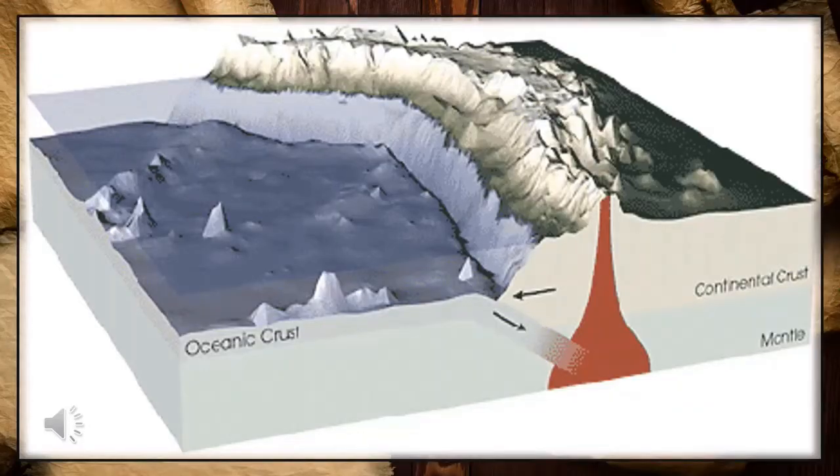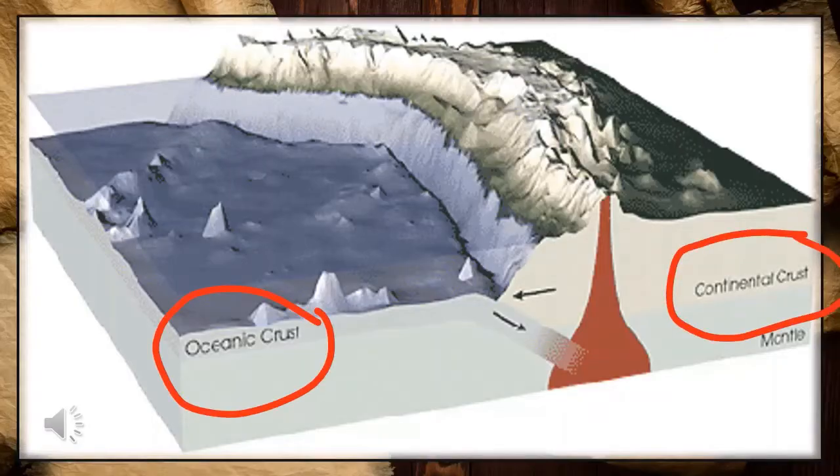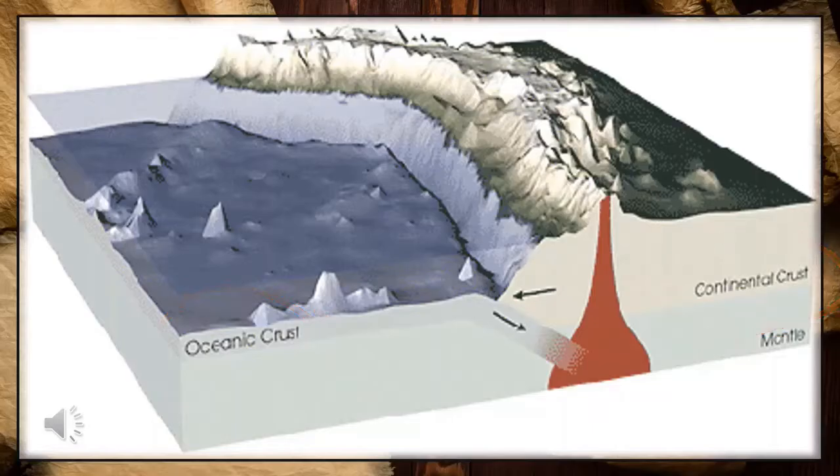We all know that the geosphere of the Earth is subdivided into three main layers: the core, mantle, and the crust. The crust is subdivided into two main types, the oceanic and the continental crust. The thin oceanic crust underlies the ocean basins, and the thicker continental crust underlies the continents.